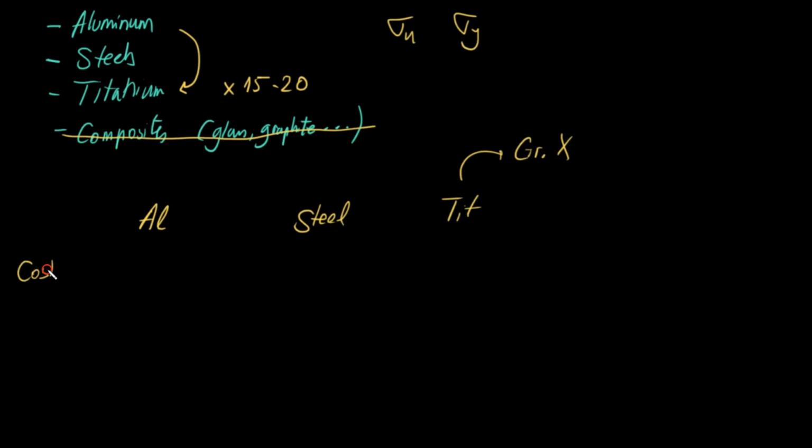Cost. Aluminum is around €5 per kilo, more or less, for a solid rod. Steel can vary a lot. I'm not talking about tubes, by the way. Tubes go differently; normally they don't go so much by weight.